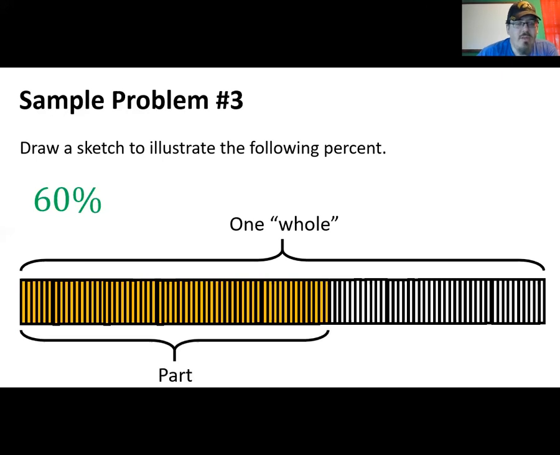So the part that we have is 60 out of 100. 60% is simply dividing the whole amount into 100 pieces, and then the number that we have tells us how many of those 100 pieces make up the part we are looking at. And there you go. Those are our representations for fractions, decimals, and percents.